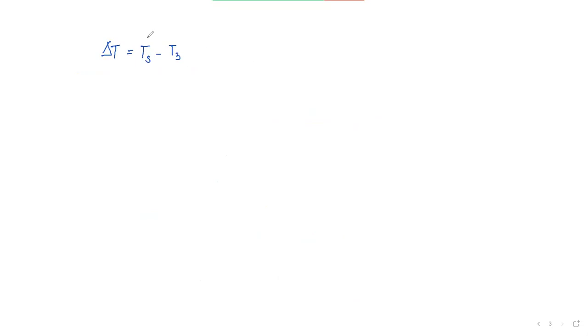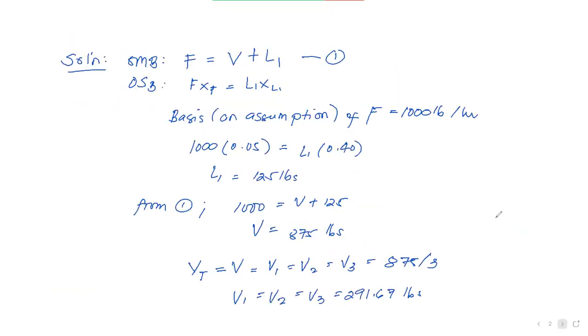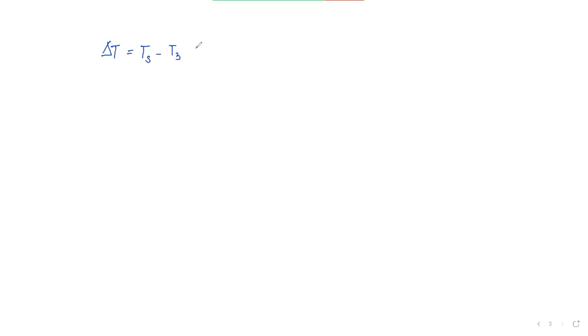Now, T3 is already given to be 110 if you refer to the illustration here. So we'll just simply substitute it in the formula. So you have 250 minus 110. So that would be 140 degrees Fahrenheit. This would be your delta T.